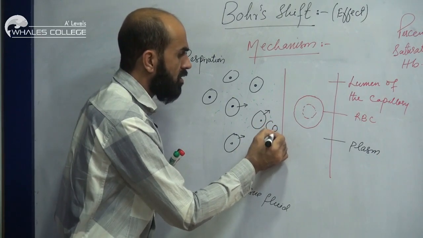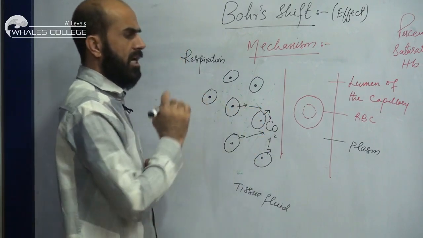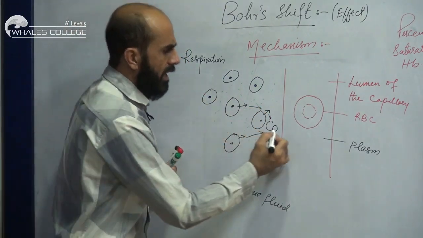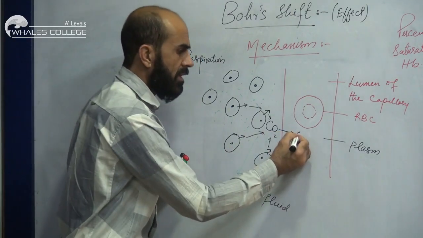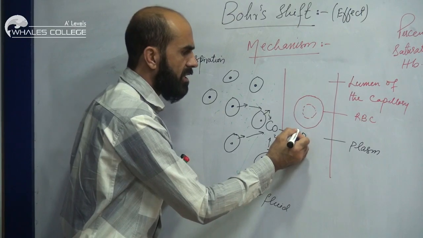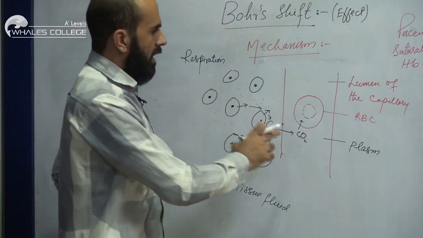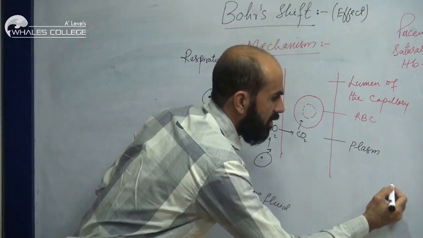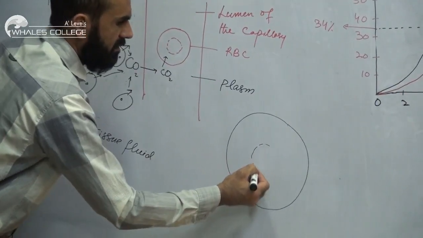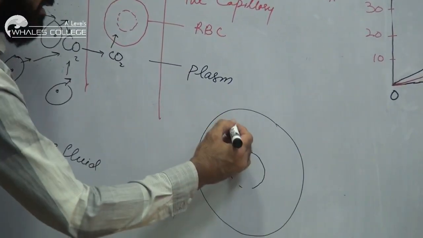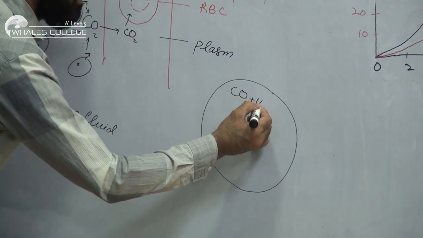This carbon dioxide in the tissue fluid passes into the blood capillary, and in the blood capillary this carbon dioxide passes into the RBC. Now we are in the red blood cell. Here is the RBC. Now this carbon dioxide reacts with the water in the cytoplasm.